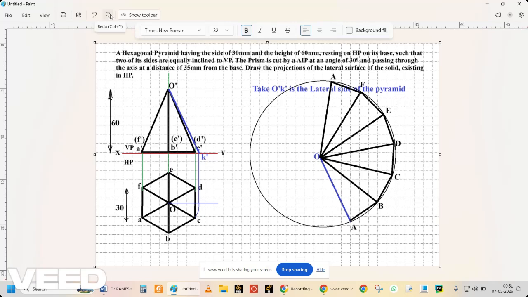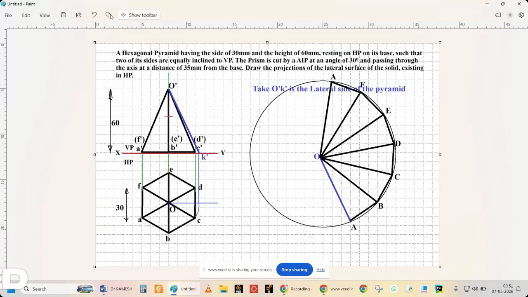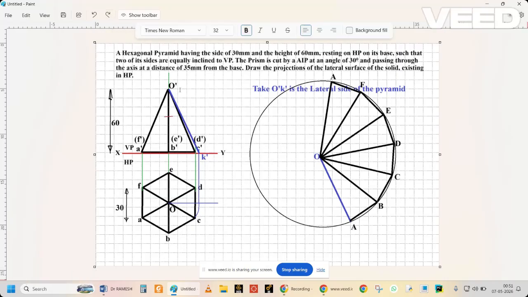Now I have to go for this cutting plane in the front view. It is supposed to be at a height of 35 mm from the base, not 30 mm. 30 mm means it will be at the center, but it is 35 mm, a little bit higher, 5 mm higher than the central. So in that I have drawn a 30-degree line as the cutting plane.